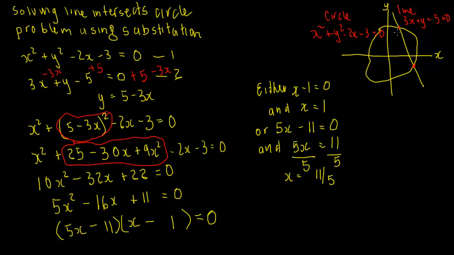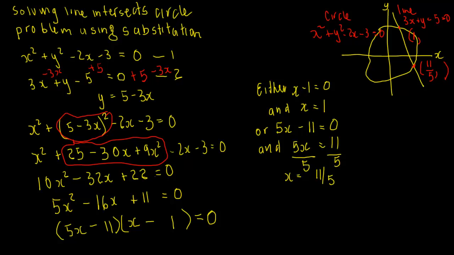So we know our x components in both cases here. We'll just put a bracket in here. So that's going to be 1, and then the y value, and this one here is going to be 11 over 5 for the x value, comma, and then some sort of y value.